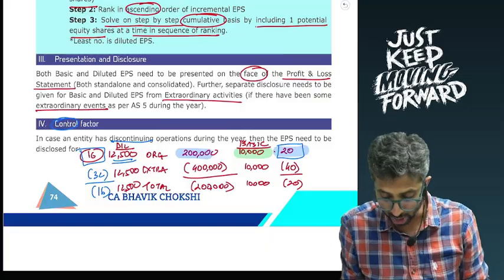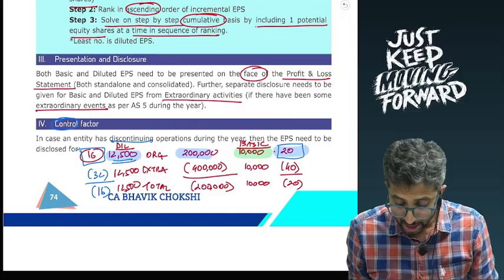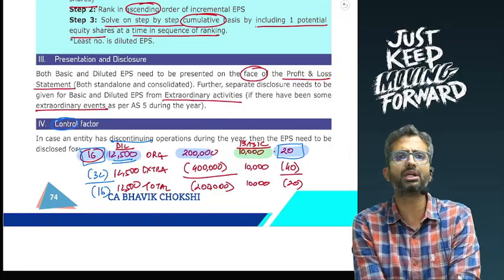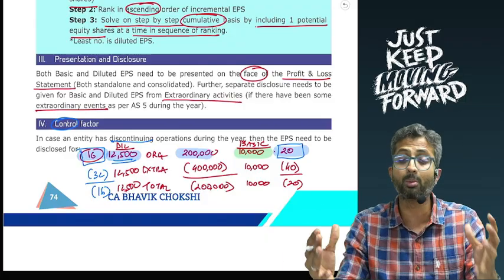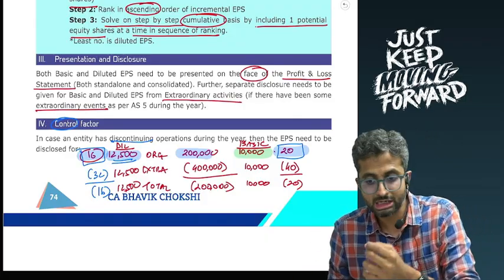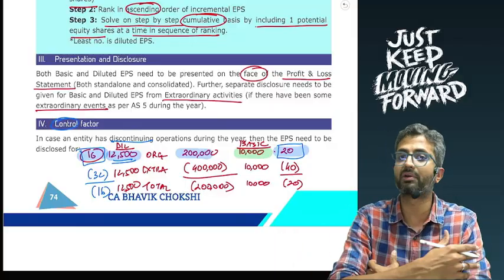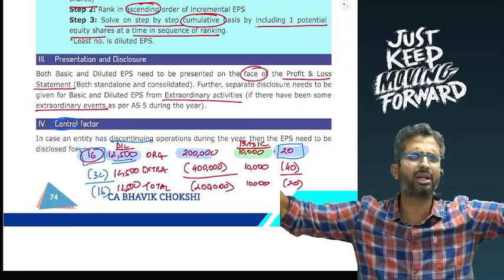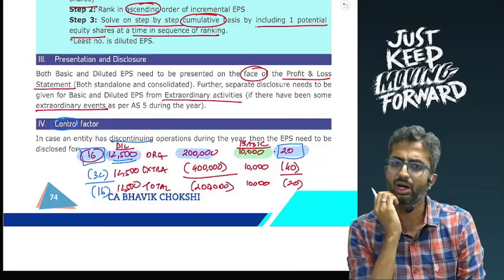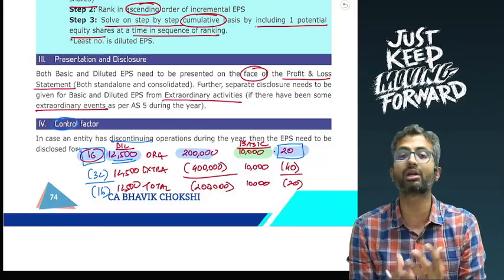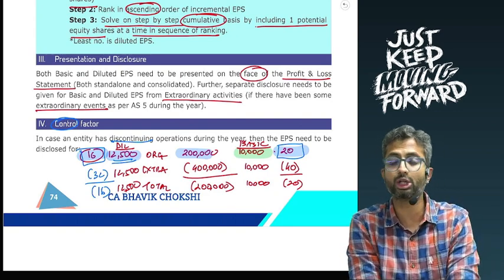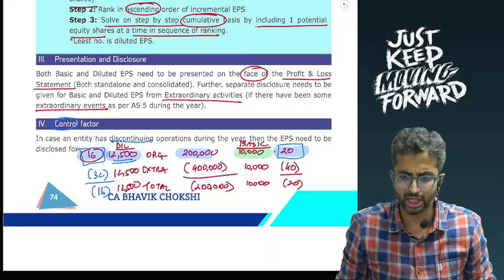That if the inclusion of this 2,500 reduces the EPS from ordinary activities, continuing operations, then I will include this 2,500 everywhere, from extraordinary, from other operations, everywhere. But if it is anti-dilutive, that is, it does not reduce the EPS from these ordinary, continuing activities, then I will not include it anywhere.